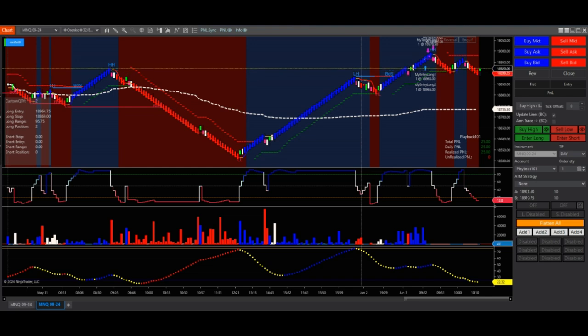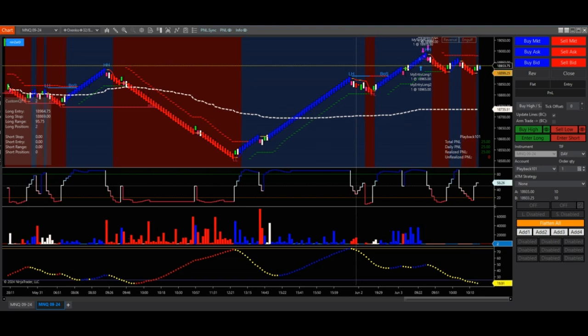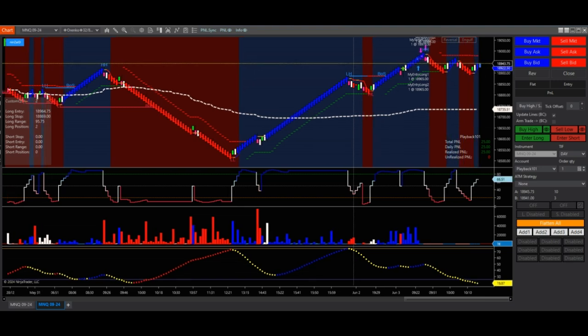So what the last indicator tells me is whether the trend is strong enough to enter a trade. At this point, being that it's all yellow, the trend is not strong. Only when it is blue in an uptrend, and only when it's red in a downtrend.